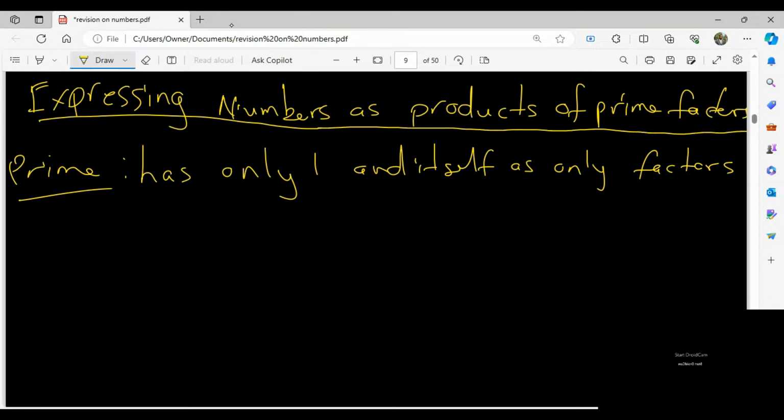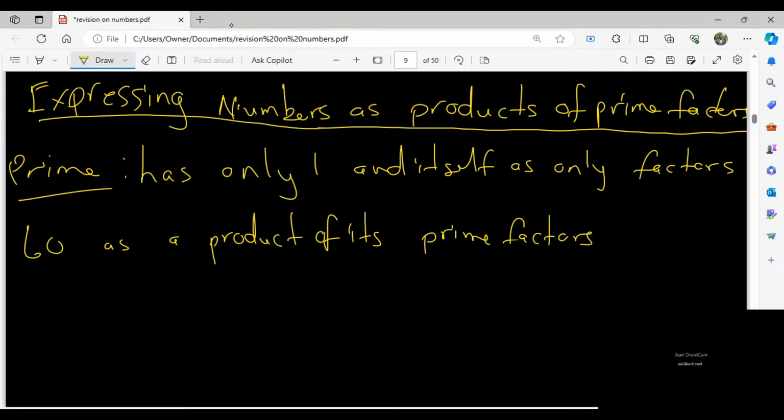Okay. So for example, let's say we were asked to express the number 60 as a product of its prime factors.